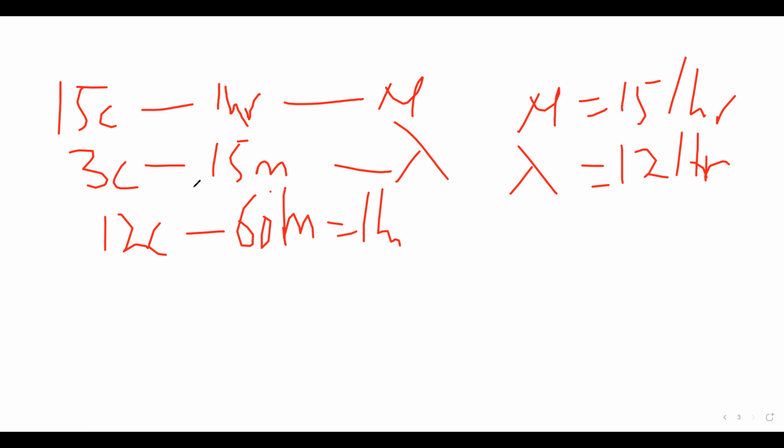Now that you know your lambda, you see, it's not all the time you would know your lambda or your mu. Now you know your service rate is 15, and you know that your lambda or the arrival rate is 12. And the question was very clear. Let me take you back to the question.